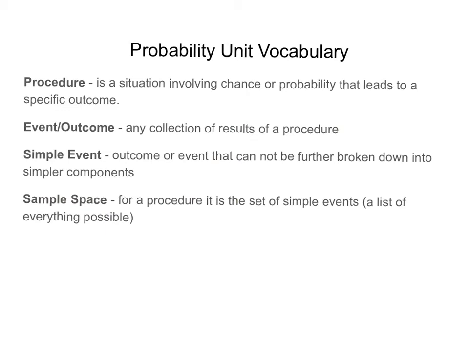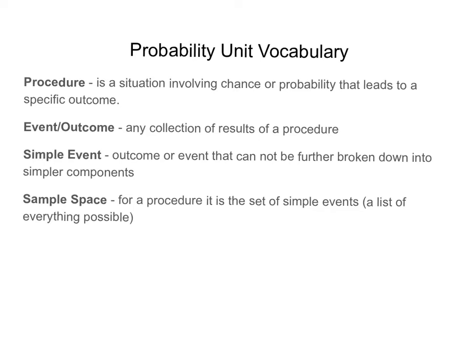Okay, here's some key vocabulary when we talk about probability. We have procedure. It's a situation involving chance or probability that leads to a specific outcome. Event and outcome is going to be one that we use a lot. So any collection of results of a procedure.